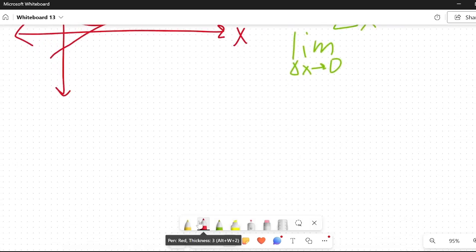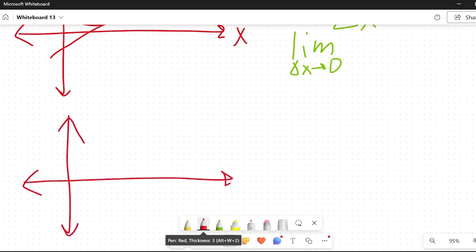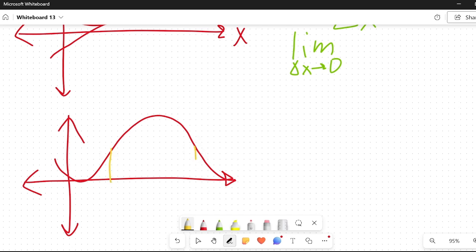Let's say we have a curve like so, and we're trying to find the area in this region. Essentially, the easiest way to do this is to first split it into different areas.